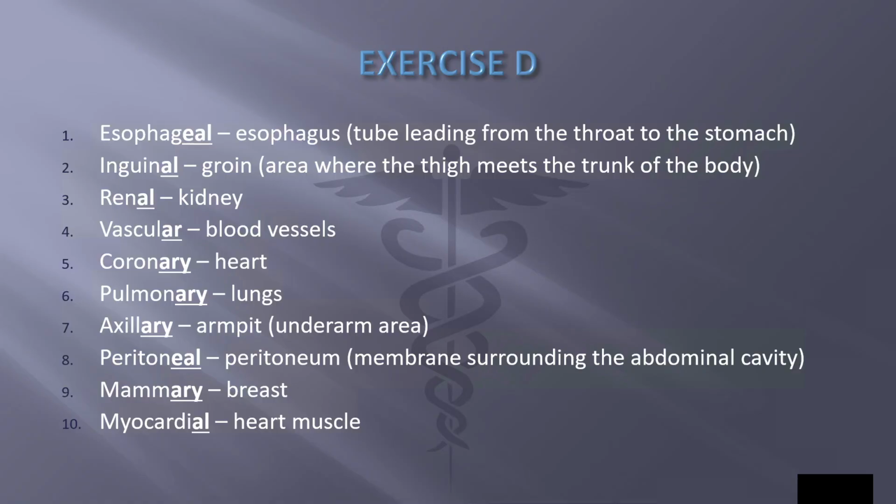The suffix ARY means pertaining to, and coronary has to do with the heart. 6, pulmonary. Again, the suffix ARY means pertaining to, and pulmonary has to do with the lungs.